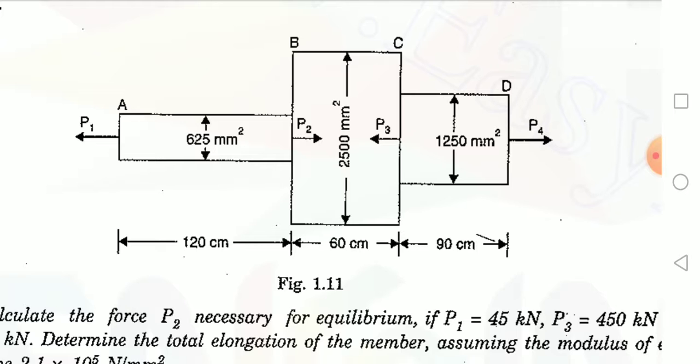For example, 120 centimeter is 1200 mm. Similarly 60 centimeter is 600 mm. Then 90 centimeter is 900 mm. Then the areas we have no problem, they are directly given. The part AB is 625 millimeter squared, part BC is 2500 millimeter squared and part CD is 1250 millimeter squared.